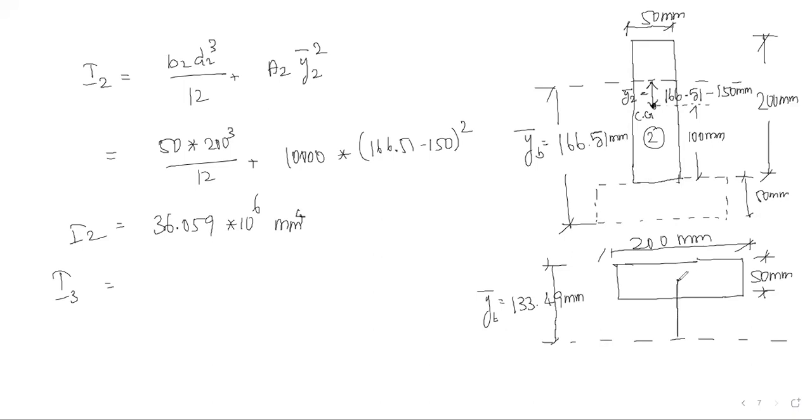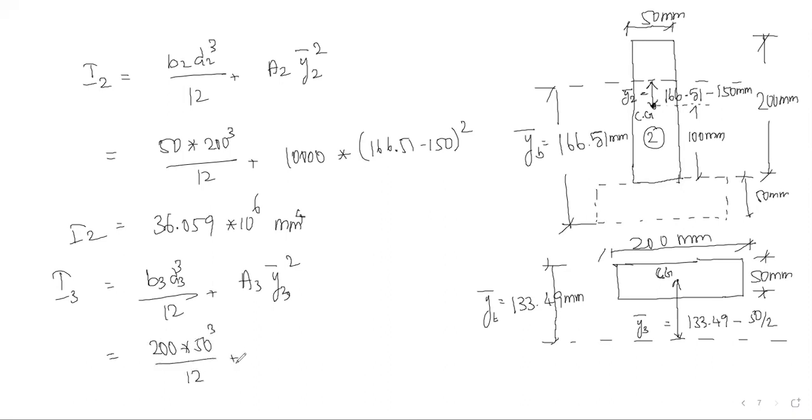With respect to this centroid, what is the height? 133.49 minus 50 divided by 2. This is the value of Y3 bar. So B3 D3 cube divided by 12 plus A3 into Y3 bar square. So 200 into 50 cube divided by 12 plus 10,000 into 133.49 minus 25 the whole square becomes the I3 value.